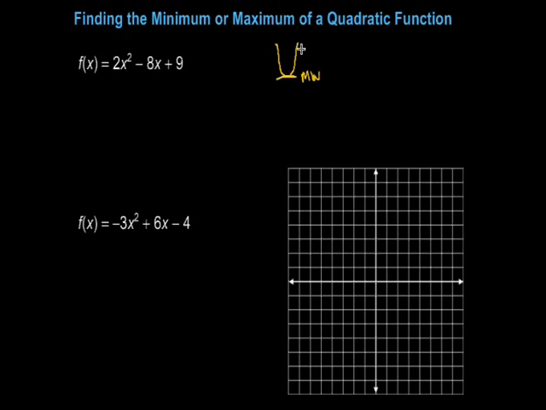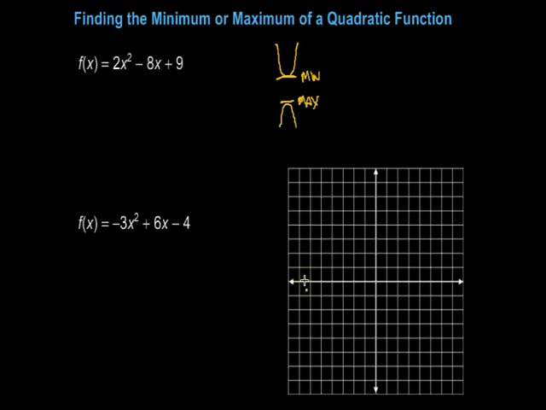All the other values are going up here, so if it opens upward, we're going to have a minimum. In the same way, if we have a parabola that opens downward, we're going to have a maximum, because this is the largest value that we can get out right here. Everything else is going down this way.